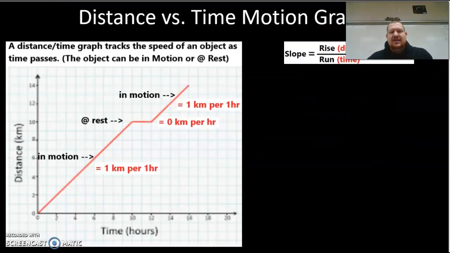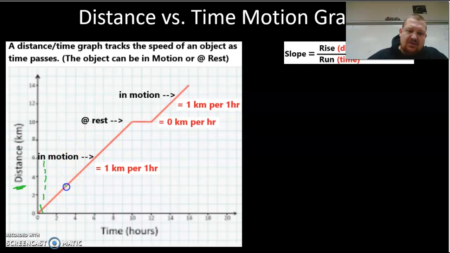But going into the distance versus time graph, right? So we look at this graph. We got distance on our y-axis and time down here on the x. So every time we go up, we're going up 1 kilometer based on this, right?